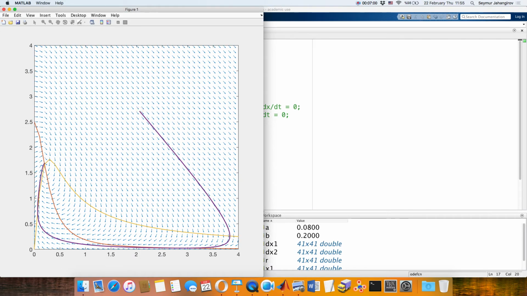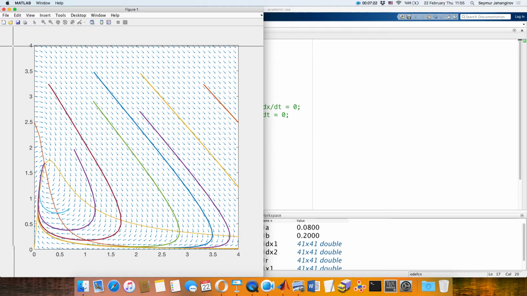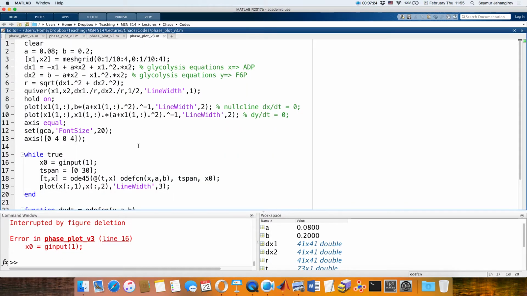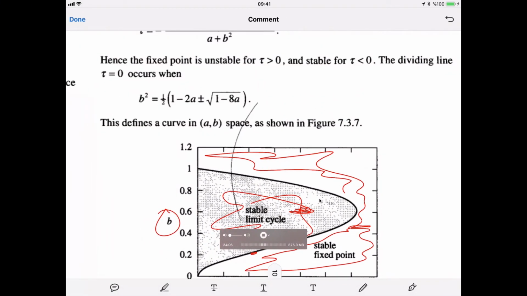So let's start somewhere. Do you see? You go to the fixed point, wherever you start. So this is not an interesting organism. It always has the same amount of ADP and F6P, right?